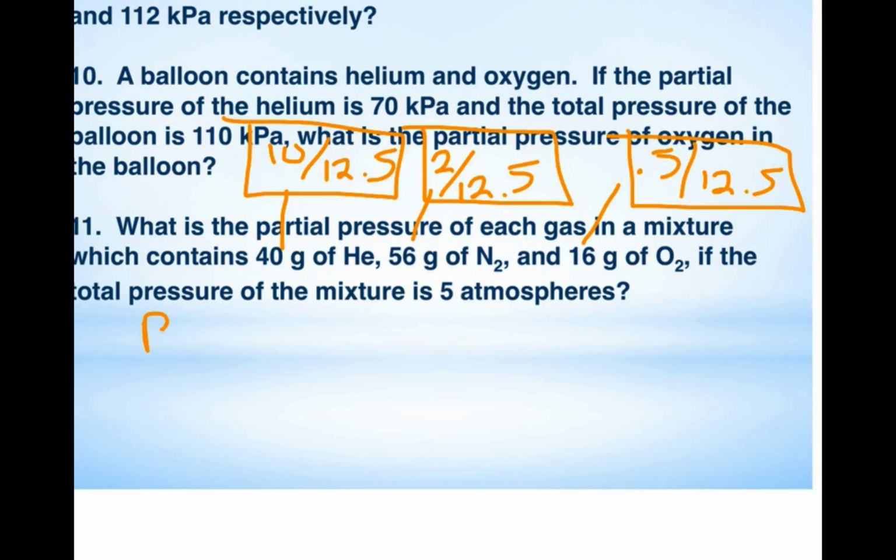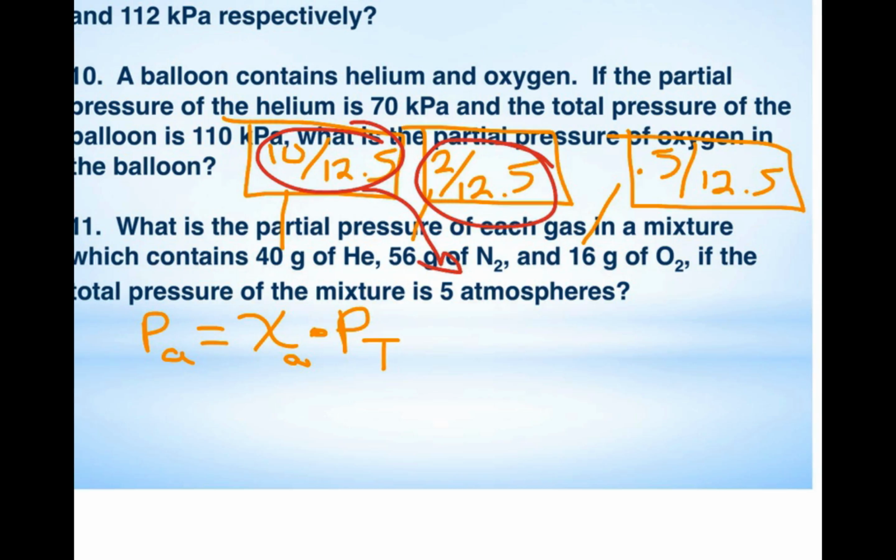Remember, the partial pressure of a substance is equal to the mole fraction times the total pressure. That means to solve this problem, we are going to multiply each of these mole fractions times my 5 atmospheres.